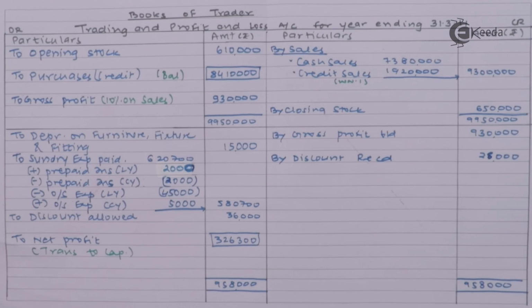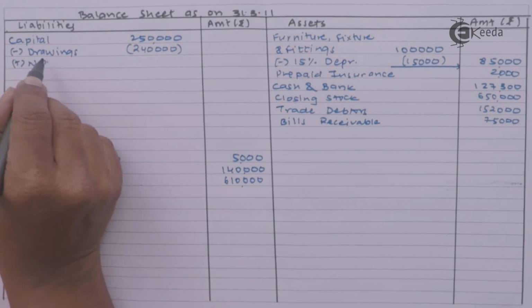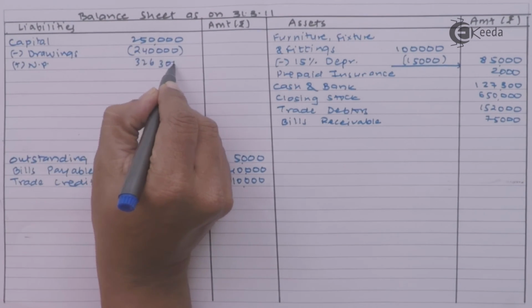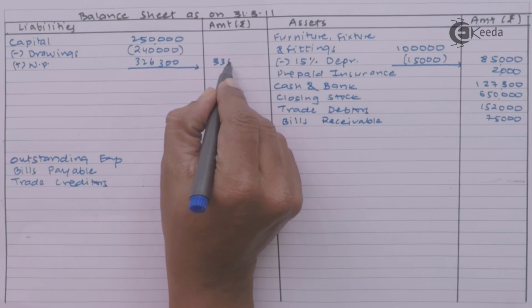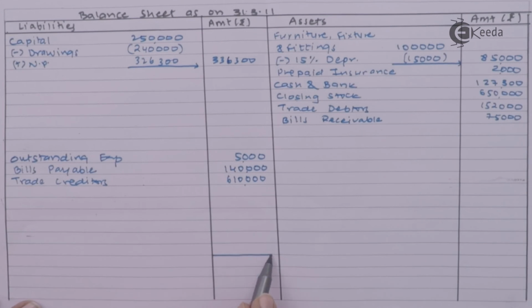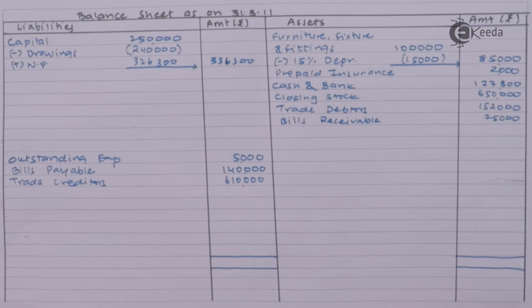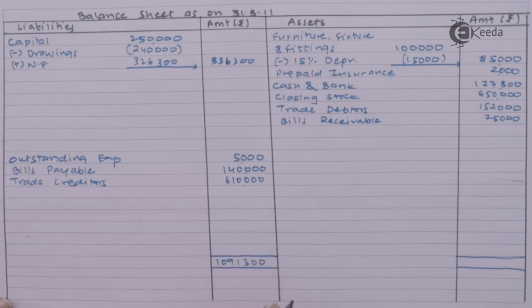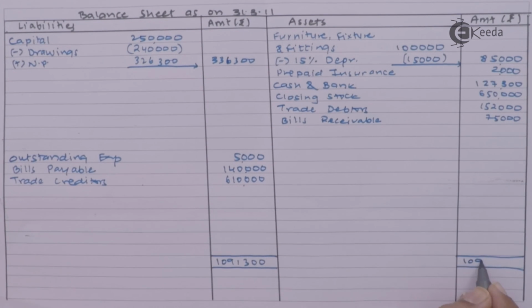It will be added to the capital. In this way my balance sheet is also tallying. So very easy questions we have completed, students.